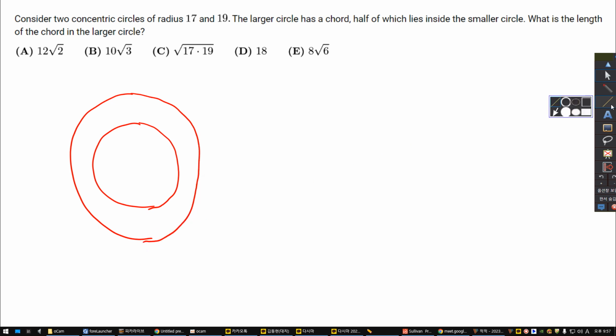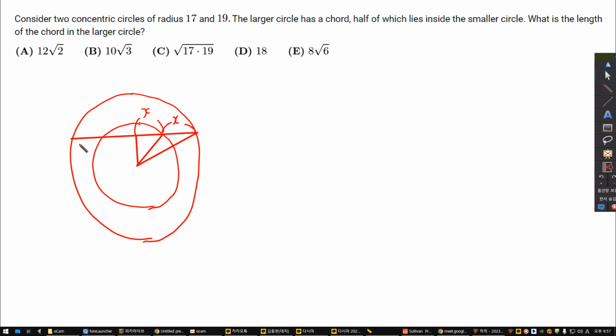So if we make the chord like this, it has the same length, because half of the chord lies inside the smaller circle.